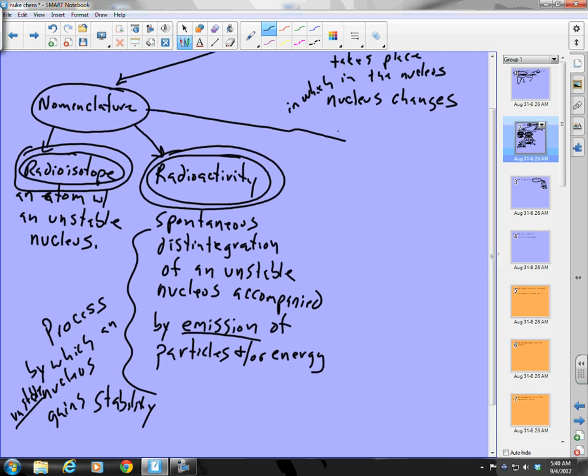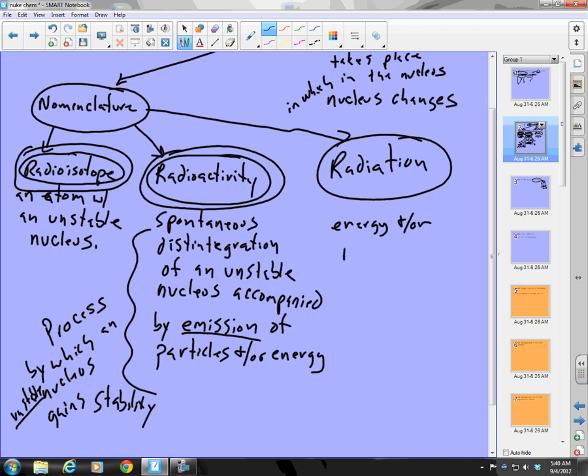And associated with this is another term that sounds very similar, and we have to be very careful here, and it is radiation. And what do you think radiation is? Well, radiation is that energy and/or particles emitted by an unstable nucleus.